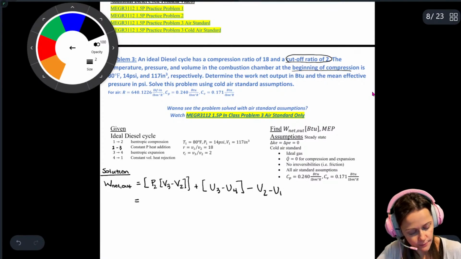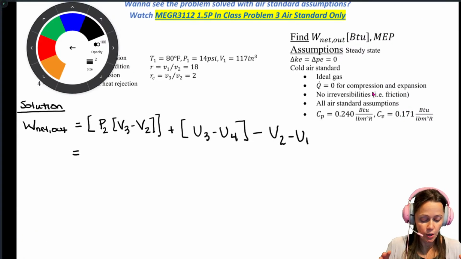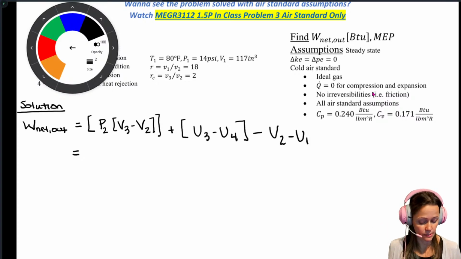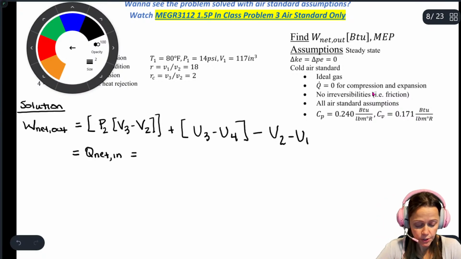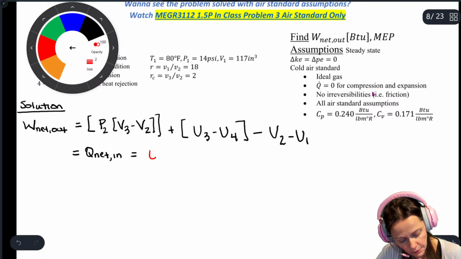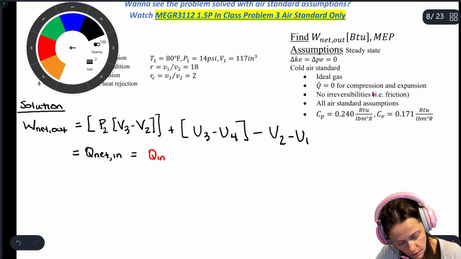I'm going to show you how I am going to do it. So remember, for any cycle, not just a power cycle, not just a gas power cycle, doesn't really matter. Any thermodynamic cycle, your work net out is equal to your Q net in. And the reason I'm doing that is instead of having 3 terms, I'm going to have just 2, because I've got one Q in term and I've got one Q out term.